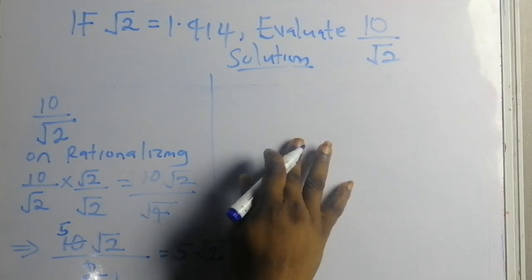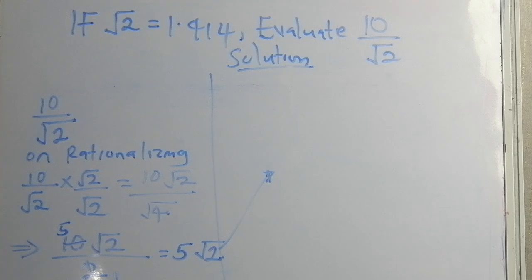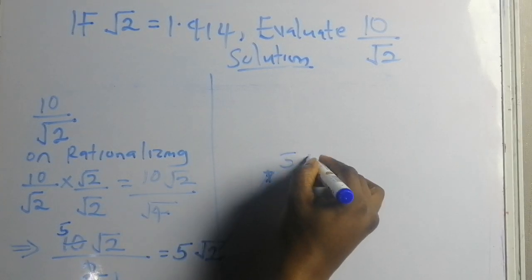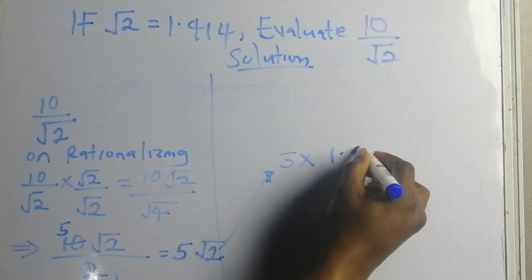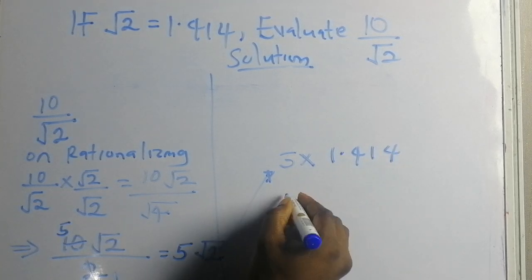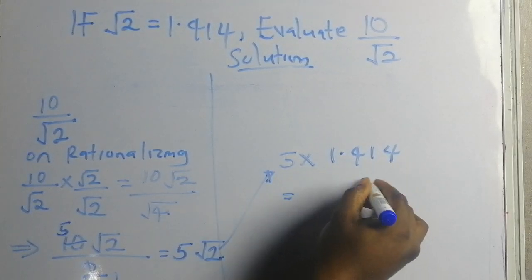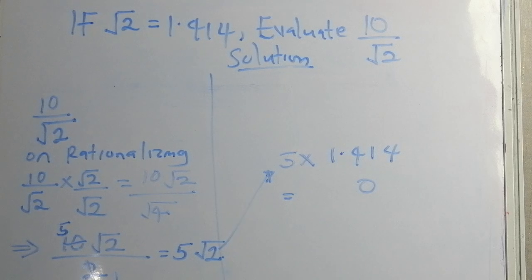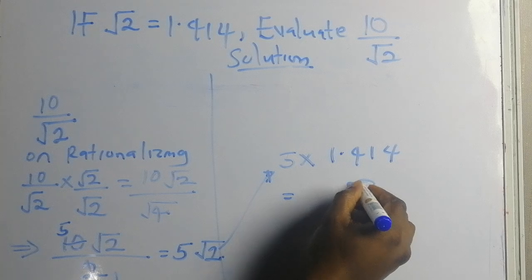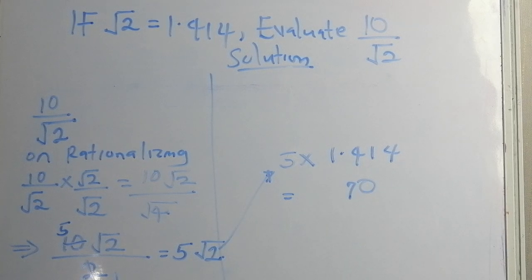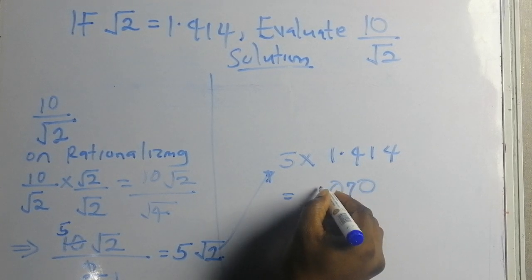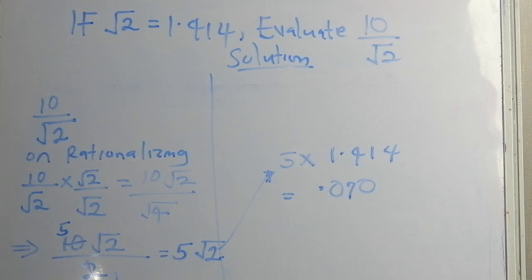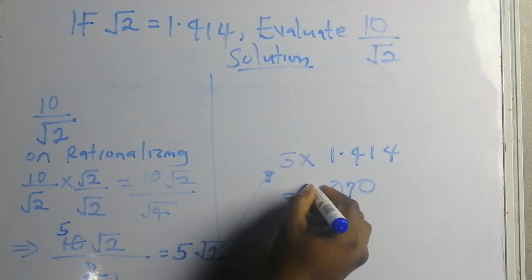So this is the same thing as saying 5 times 1.414. 5 times 4, 20, carry 2. 5 times 1, 5 plus 2, that's 7. 5 times 4 again, 20, carry 2. 5 times 1, 5 plus 2, that's 7.